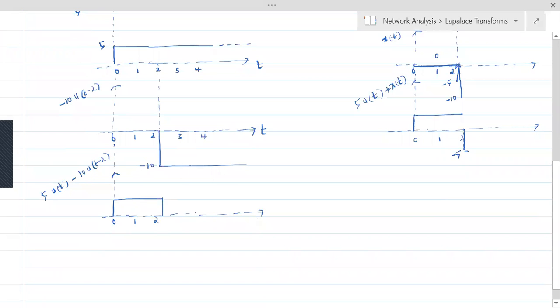From 2 onwards, what would it be? From 2 onwards, 5 minus 10 is -5. It would be -5 throughout. So this is -5 and this is 5. But this is not the given signal. What is the given signal?